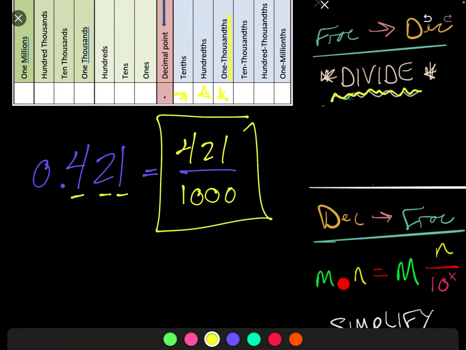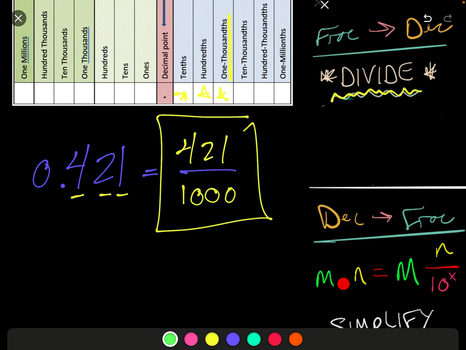Now, we can't simplify that, so there's our answer. It's in simplest form already, 421 thousandths. And if you know how to read decimals, then it pretty much builds your fraction itself: 421 thousandths, so it's 421 over 1,000.